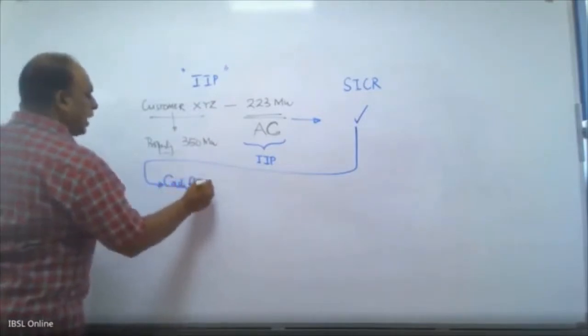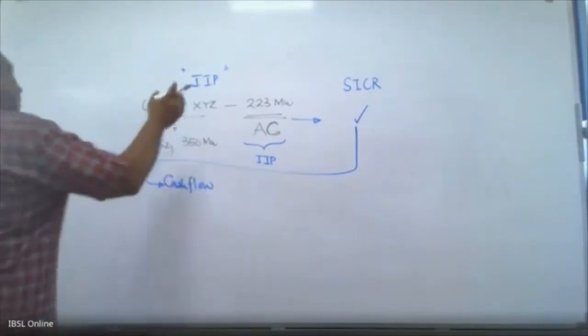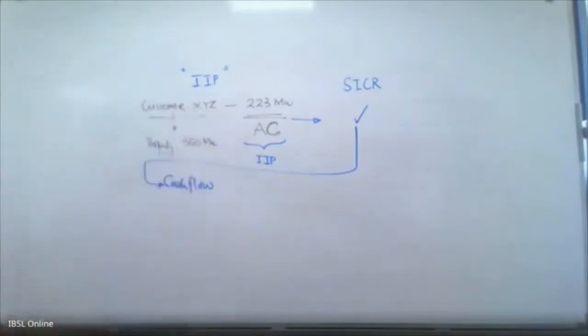What is the cash flow that you might expect from this customer in future? Sometimes the customer might come and tell you, look, right now I have a problem, I can't pay you, but maybe in 1 year's time I will be able to pay because I'm going to close down one of my factories and sell it. That is one option.